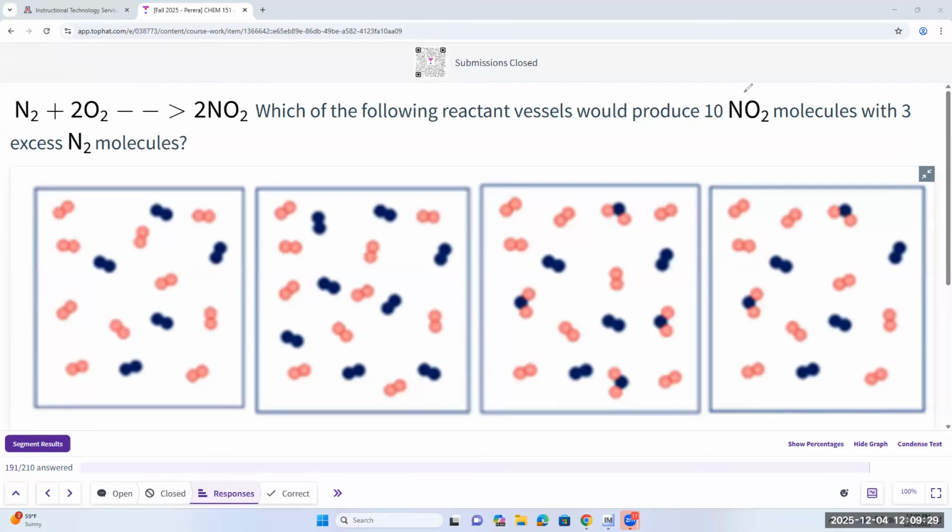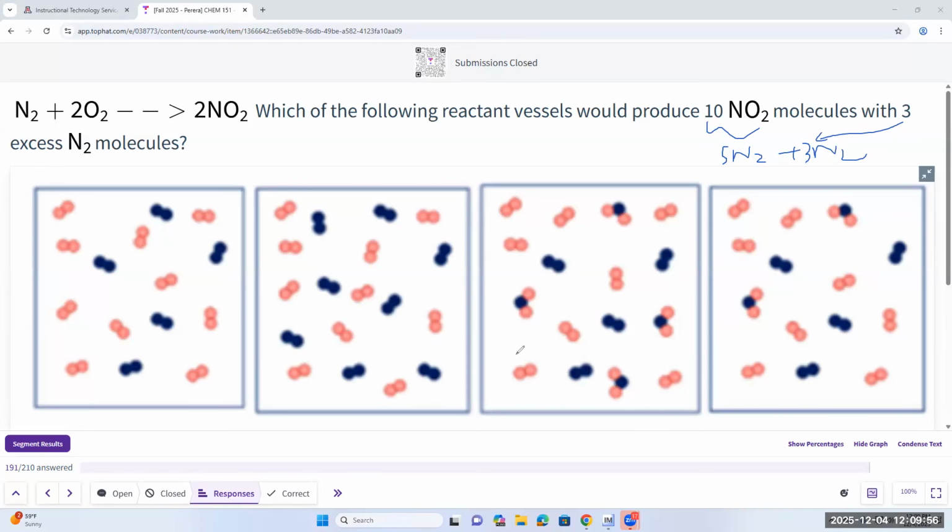To get 10 NO2 molecules, we need at least 5 N2 molecules in the reactant vessel, right? On top of that, you are told that there are 3 excess N2 molecules, meaning you need 5 N2 for these alone, plus 3 N2s because they are excess.